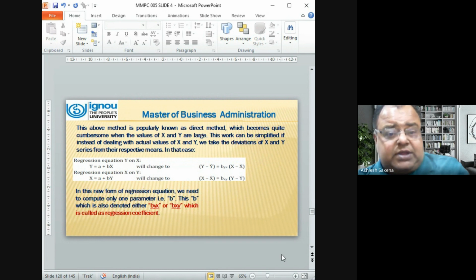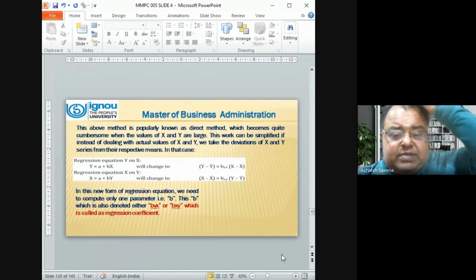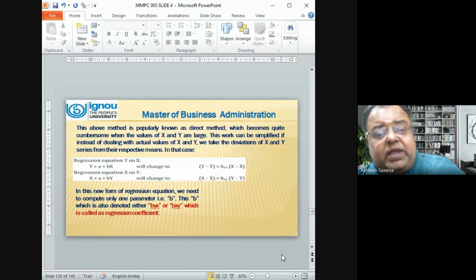The above method is popularly known as the direct method, which becomes quite cumbersome when the values of x and y are large. This work can be simplified if, instead of dealing with actual values of x and y, we take the deviations of x and y series from their respective means. So here we can write it.